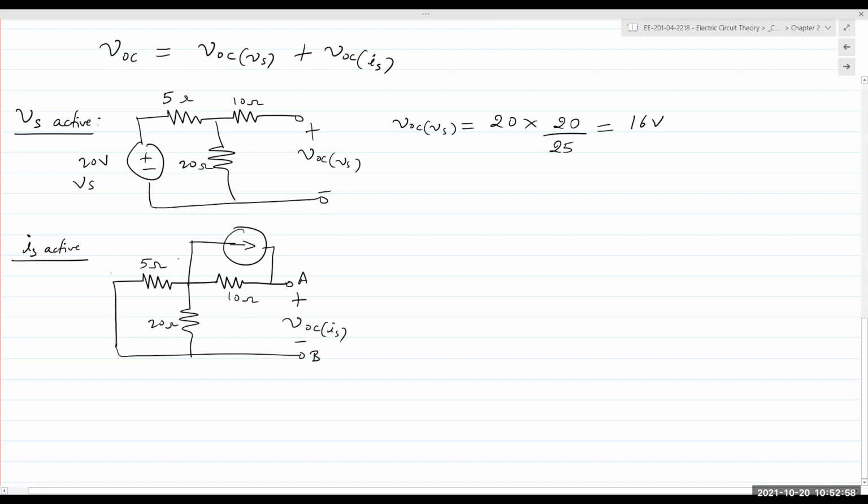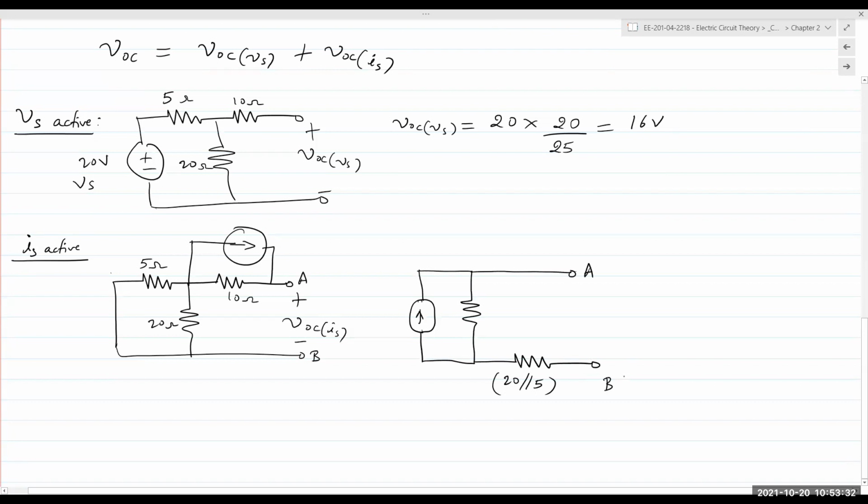And then what I'm going to do is take the circuit and flip it on its side, or just redraw it on its side. I have this current source, 10 ohm resistor in parallel with the current source. This resistor is 20 in parallel with 5. You can see it's not connected to anything.